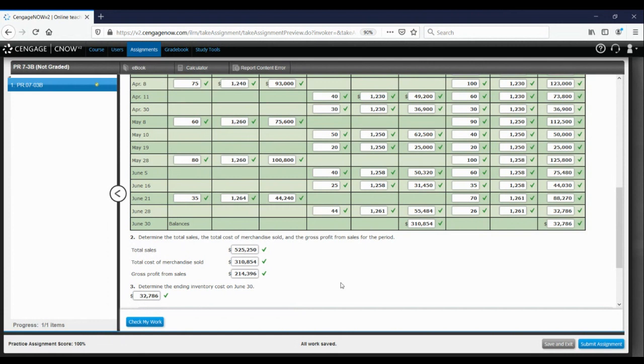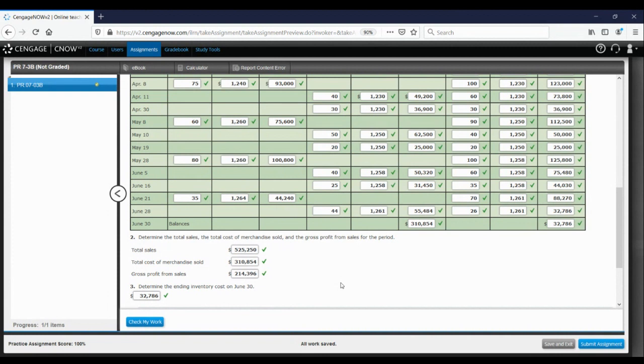And the LIFO method will give you the lowest amount of net income during periods of rising cost. The weighted average method will give you gross profit that is in between the FIFO and the LIFO method.